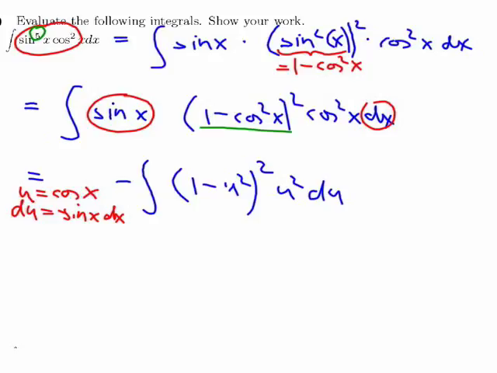As you notice, we didn't expand the 1 minus cosine squared squared term yet. We did this because now we have the term in u, and there it's just easier to write down. Now, simple algebraic expansion. What do we get? We get minus the integral over, okay, now we need to expand 1 minus u squared squared. This is 1, but 1 multiplied with u squared gives us u squared.